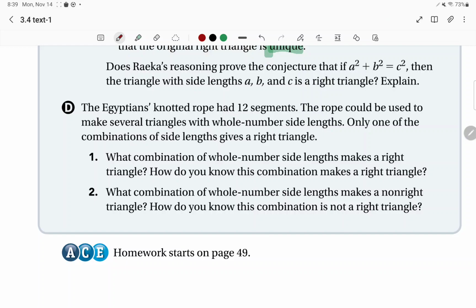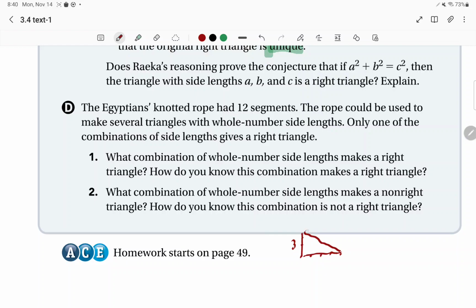So number 1, if you have a rope and you're creating a right triangle, the only whole number triangle that you could make is one that has 3 knots this way. So 1, 2, 3. 4 knots this way. So 1, 2, 3, 4.